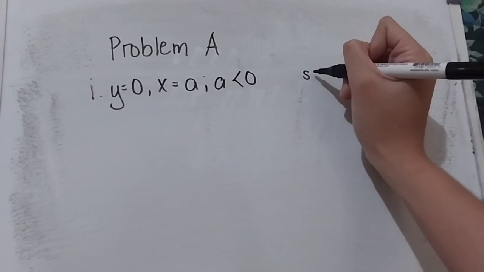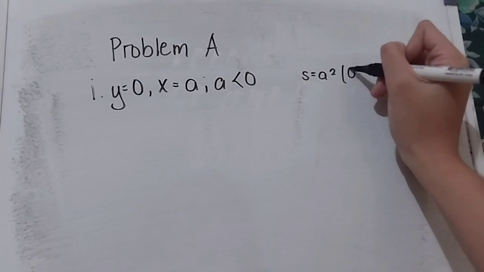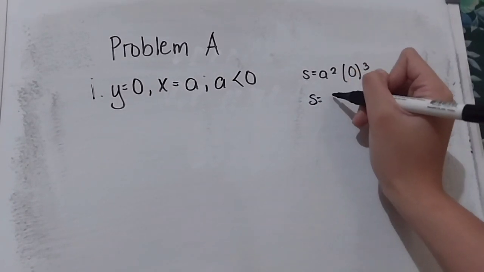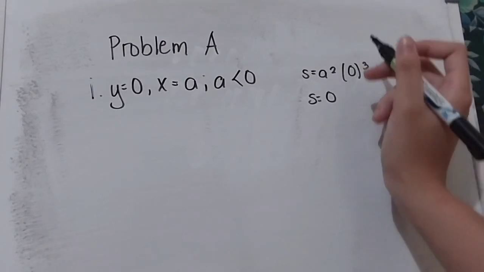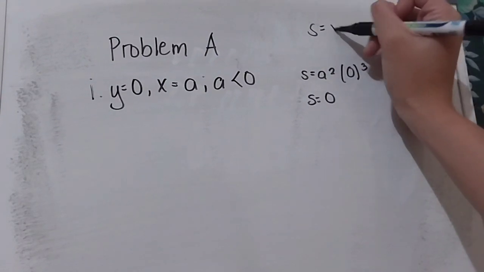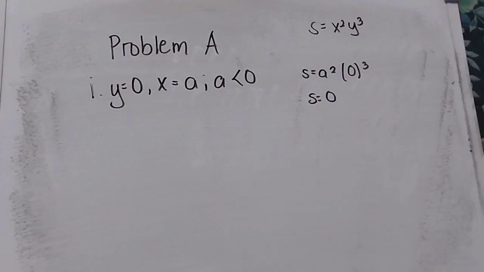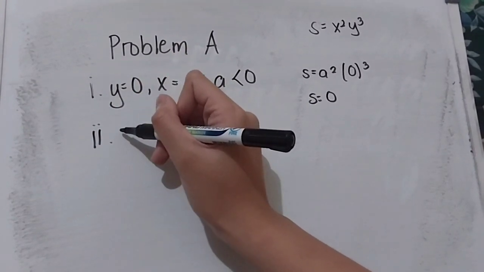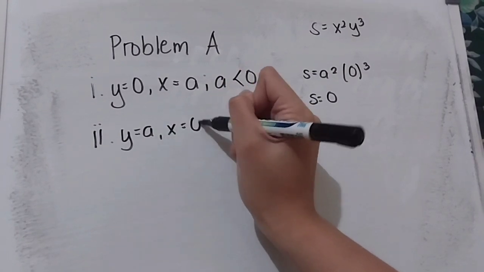S equals a squared 0 cubed. S is equal to 0. The formula that is being used for substituting is S equals x squared y cubed. So let's now try the second one. y equals a, x is equal to 0.